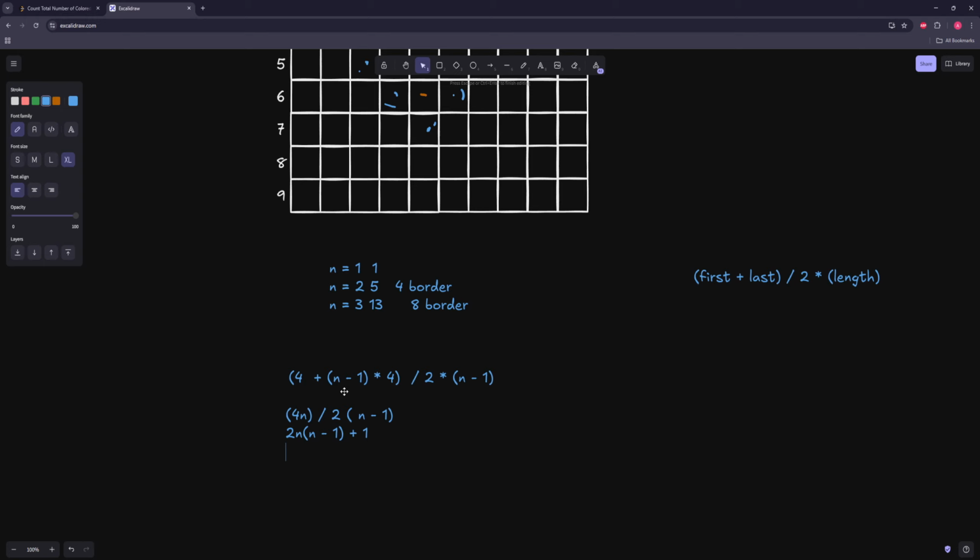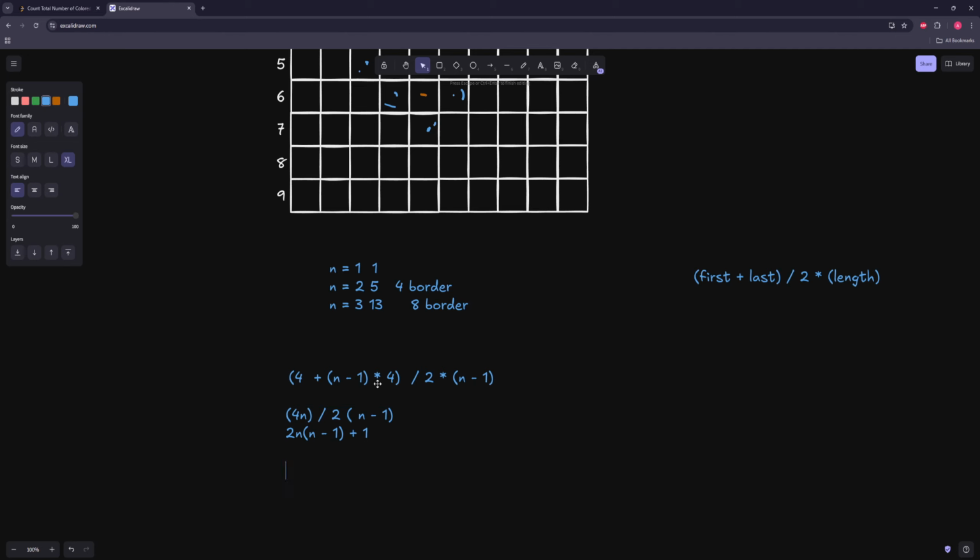I'm not sure if I did that correctly. Let's see. So the left is this, the right is this. If n was 10, for example, our numbers would be 4, 8, 12, 16, and this is 2, 3, 4, 5, 6, 7, 8, 9, 10. So this would be 9, and this would be 36. Seems correct.